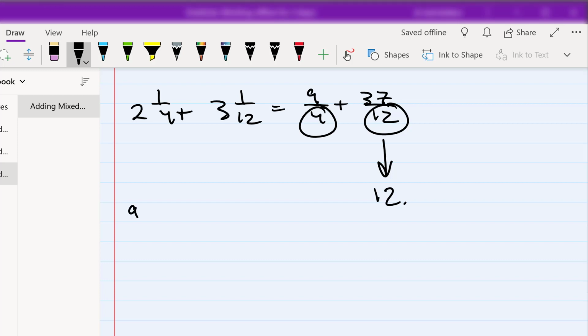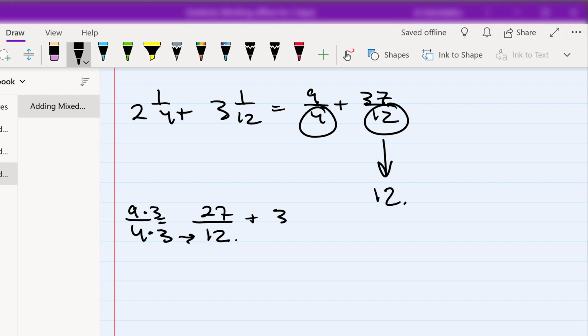Now the trick is, how do we convert 9 quarters into something over 12? Well, 4 goes into 12 3 times. So we multiply the bottom by 3, but we have to multiply the top by 3. So we say 9 times 3 is 27, and 4 times 3 is 12. So 9 quarters is the same as 27 over 12.